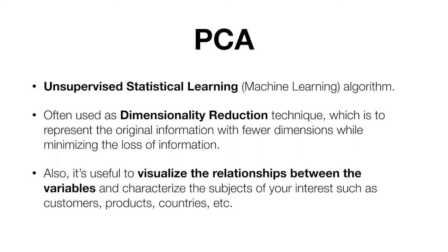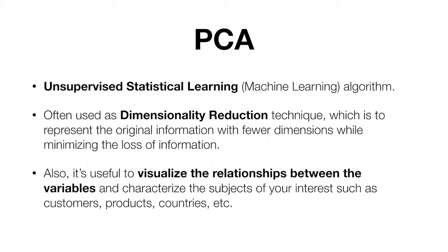Some people call it machine learning. The difference between machine learning and statistical learning is not as important in this context, but it's unsupervised. So it's not like you have the answers and want to map the data to the answers. You have the data and have the algorithm find the patterns that are useful to you.